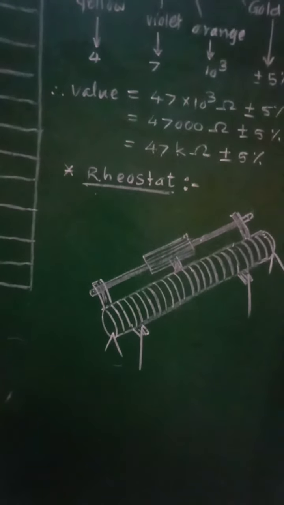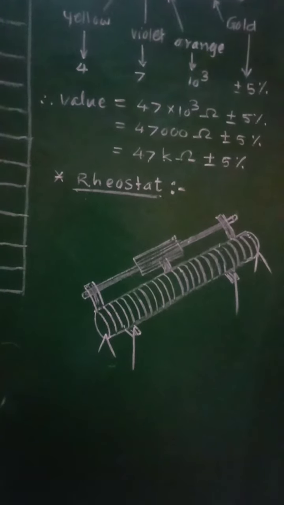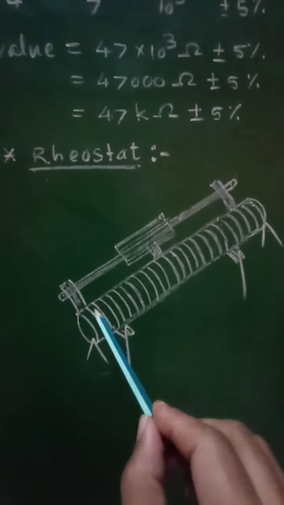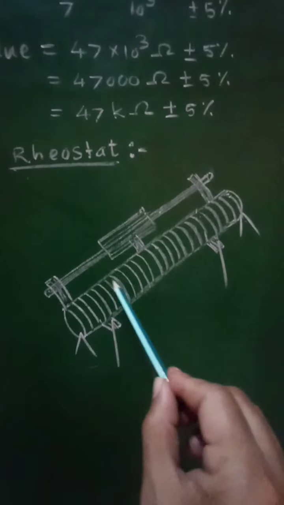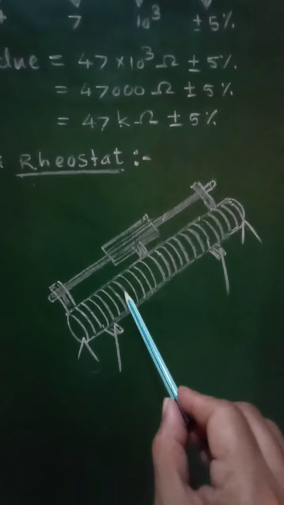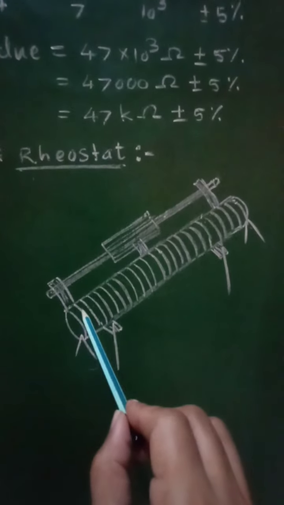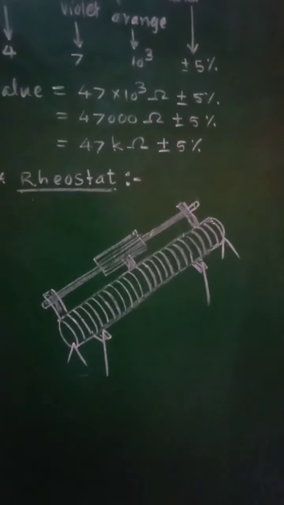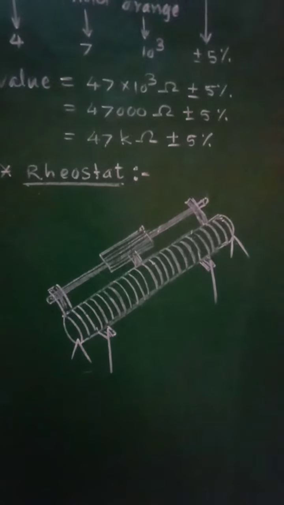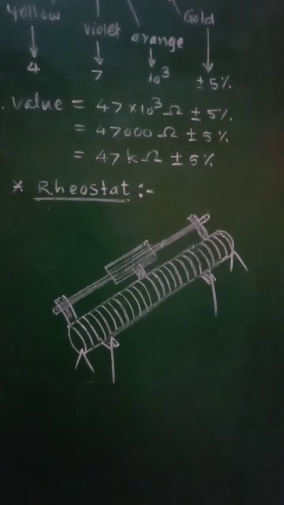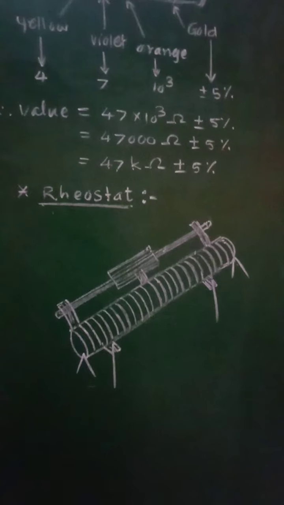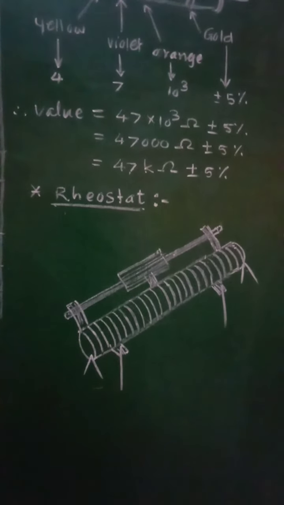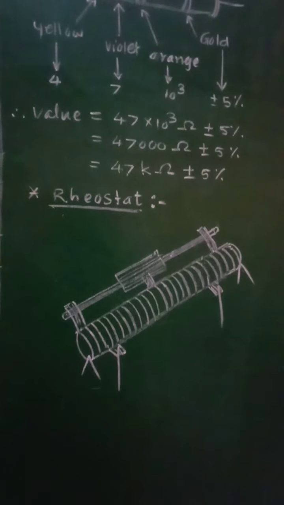Now its resistive element, in this case, is in cylindrical form. These small curves on the body of this cylinder represent the number of turns of the conducting wire. Very thin wire will be taken, and therefore in the case of rheostats we can say that its resistive element can be metal wire or a ribbon.